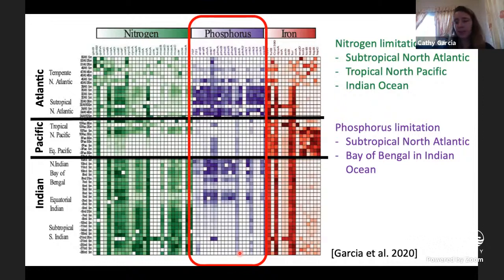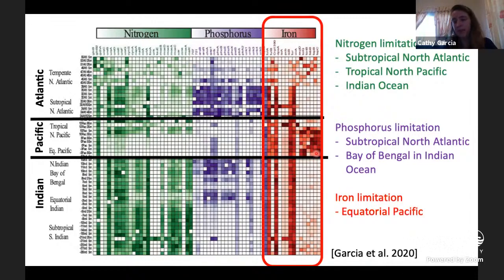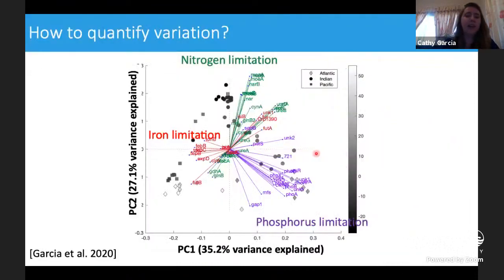So there are these different nutrient proxies, but if we look at the genomic scale, we can see evidence for widespread nitrogen limitation in this Eastern Indian Ocean transect, but phosphorus limitation specifically in the Bay of Bengal. And again, we especially see evidence for iron limitation in that HNLC area of the equatorial Pacific Ocean. And that's highlighted here.